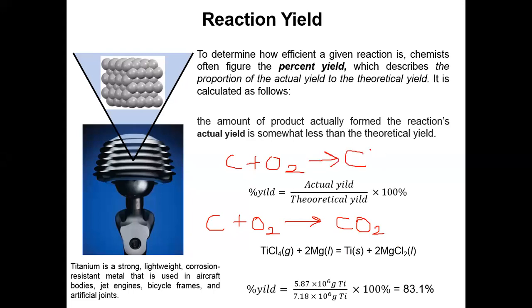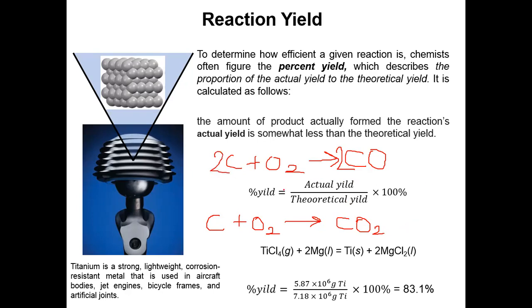You can also make carbon monoxide. Let's balance it, because you cannot leave a reaction without balancing. We have two oxygens here, but only one oxygen here, so we need to put two over here, right? Now we have two carbons here, but only one carbon here, so we need to put two carbons here, okay?